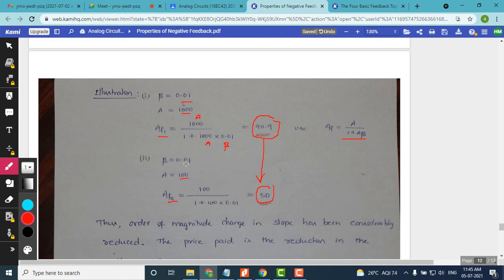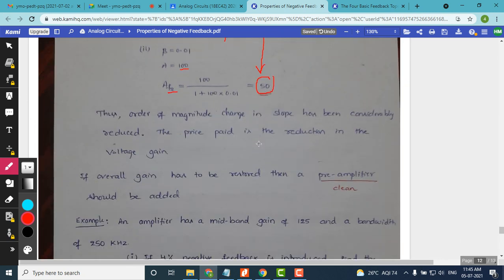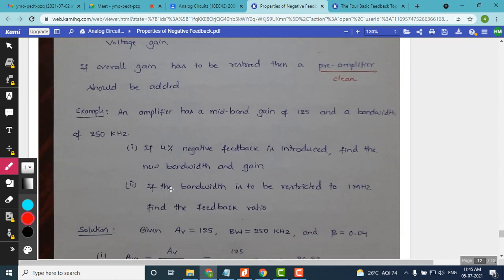There is a 10 times drop here, but look at here, the gain is reduced by approximately twice. The order of magnitude change in slope has been considerably reduced. The price paid is reduction in the voltage gain. If the overall gain has to be restored, then a pre-amplifier should be added. That is the conclusion from this.